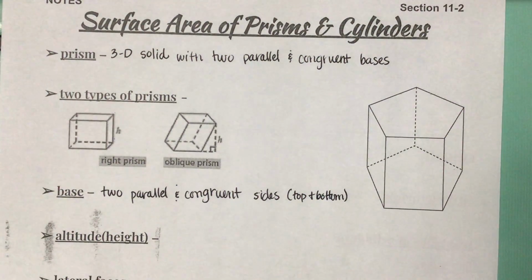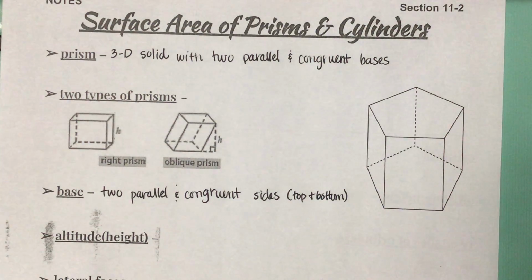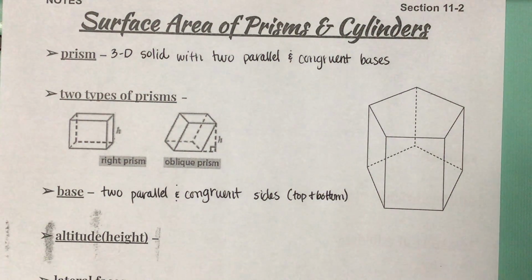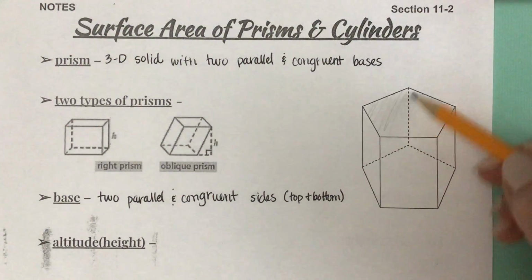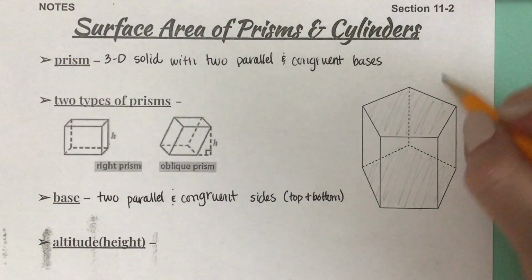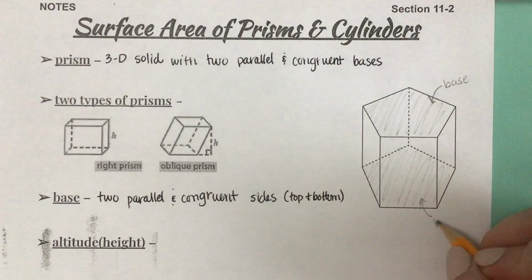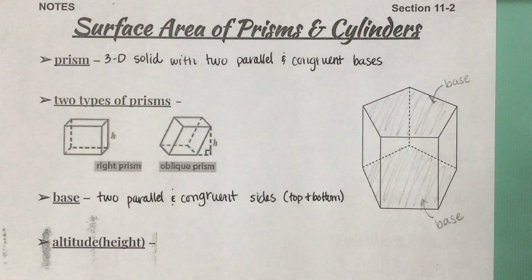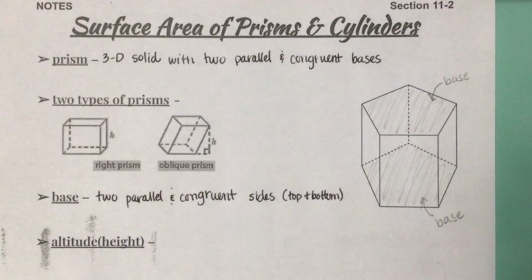Sometimes your prism will be laying on the side, so it might be a little bit difficult to distinguish where the top and bottom is, but in general, you can think of the bases as the top and bottom if your prism is in fact sitting upright. So in this picture right here, this top part and this bottom part of this pentagonal prism are the bases. So I'm going to say base right here and base right there.